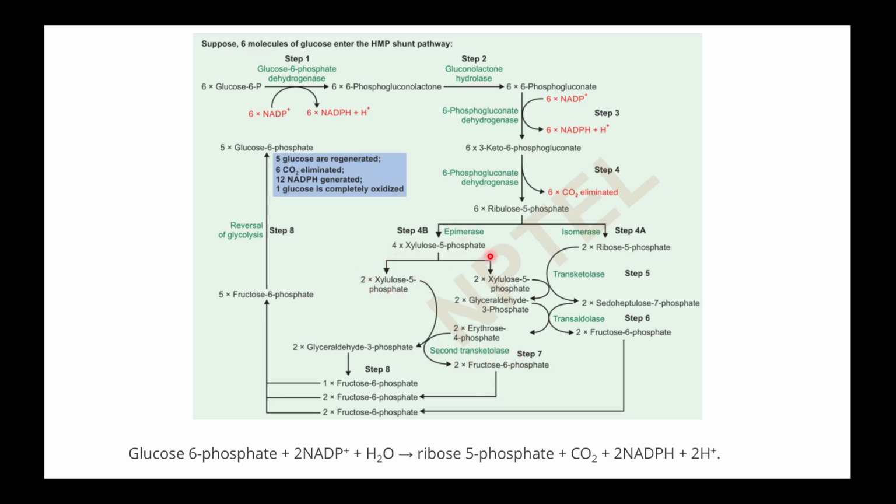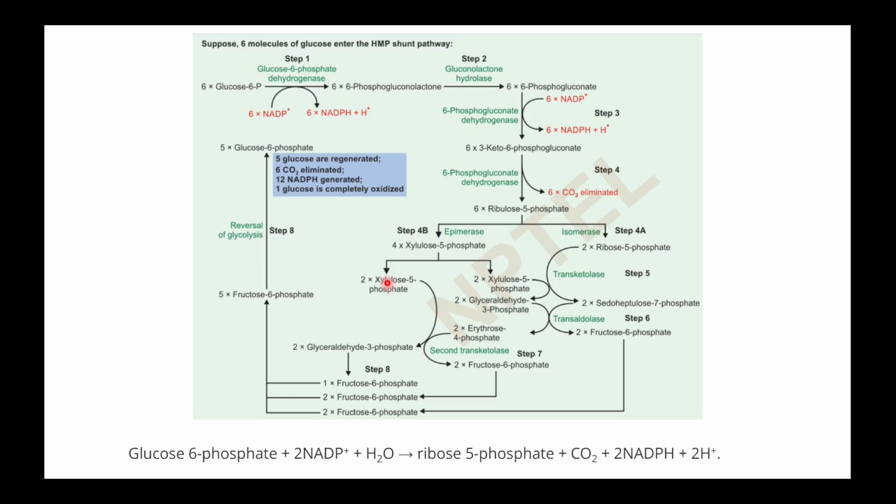So you remember we had 4 molecules of xylulose 5-phosphate. Of those 4 molecules, 2 were involved in the first transketolation where we had sedoheptulose 7-phosphate and glyceraldehyde 3-phosphate. Now the 2 remaining xylulose 5-phosphate will do the second transketolase reaction with the erythrose 4-phosphate. Now this is 4 carbon and this is 5 carbon.